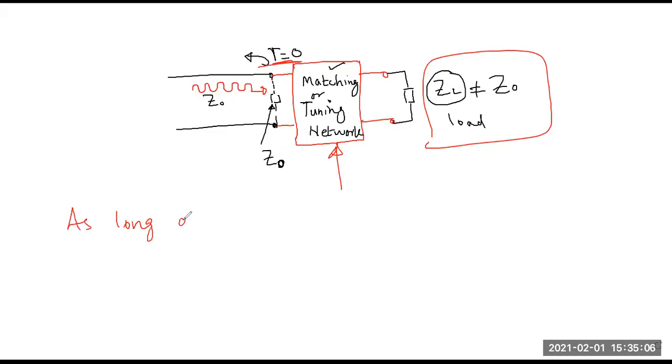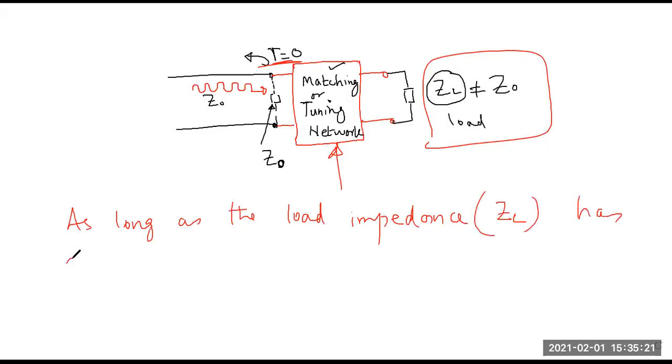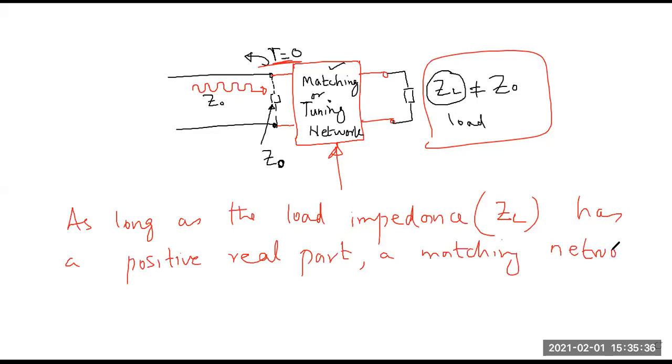As long as the load impedance ZL has a positive real part, a matching network or circuit can always be formed. So this is the condition that I was talking about.